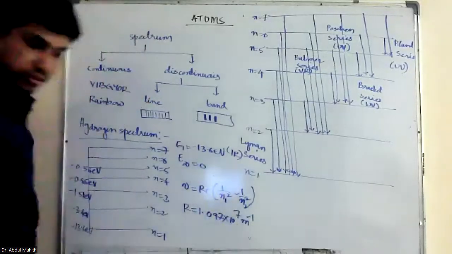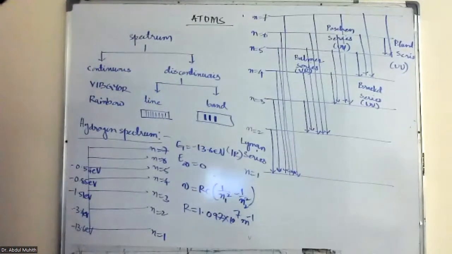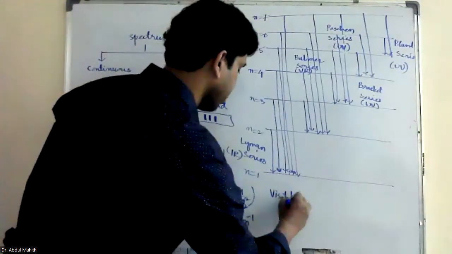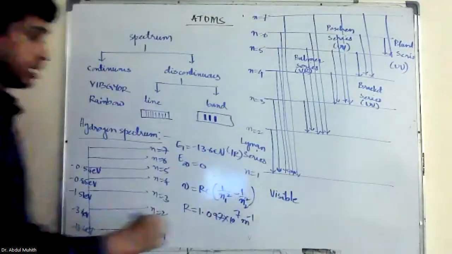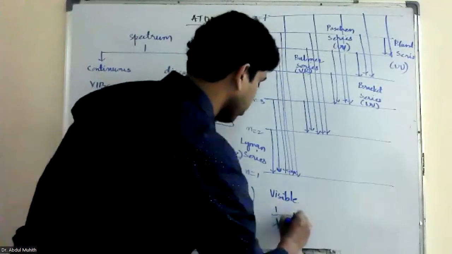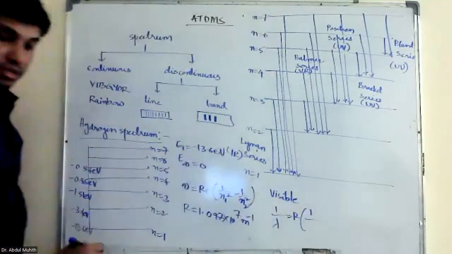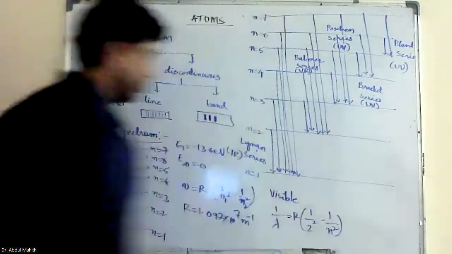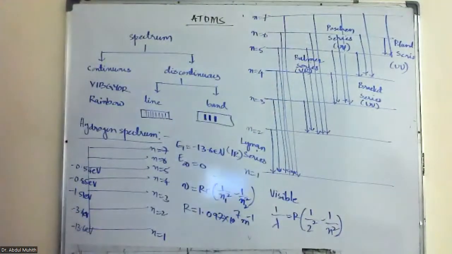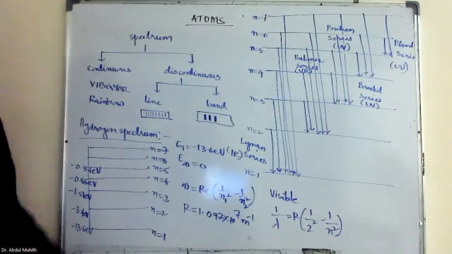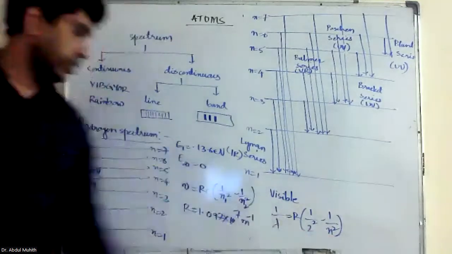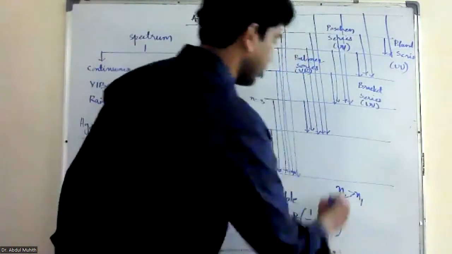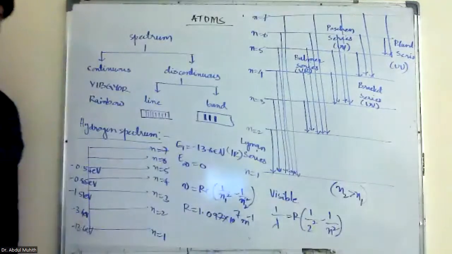For the visible region, based on this there is a numerical in the exam: 1 by lambda is equal to R into 1 by 2 square minus 1 by n square. This is the formula for the visible region. The electron is jumping from here to here. I write here that n2 is greater than n1. Keep that in mind so you will not get confused.